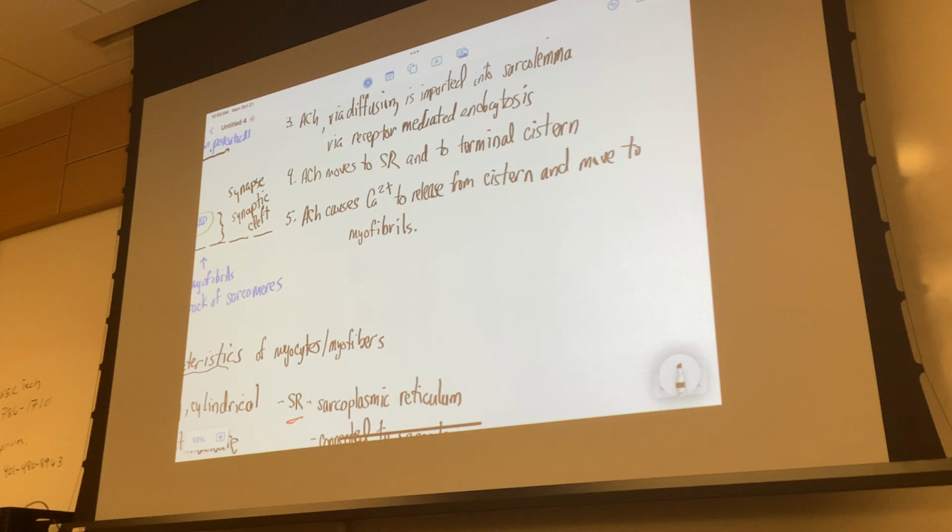ACH causes calcium to be released from the terminal cistern, and that calcium then moves to the myofibrils. The myofibrils are stacks of sarcomeres.